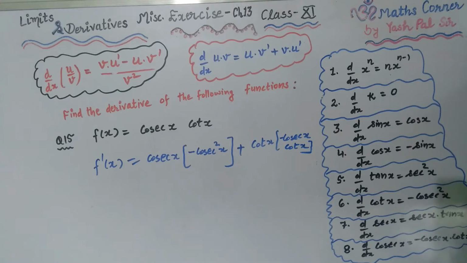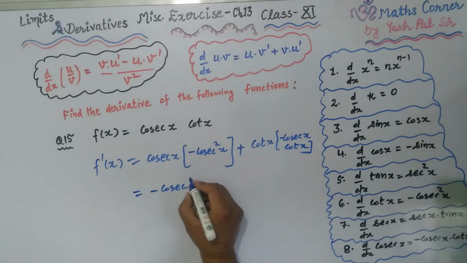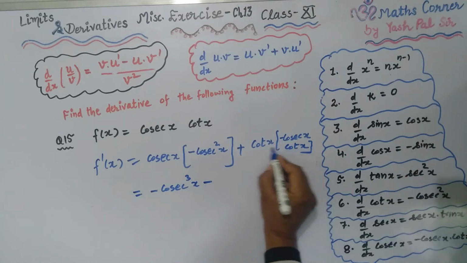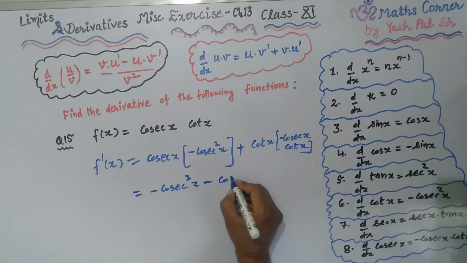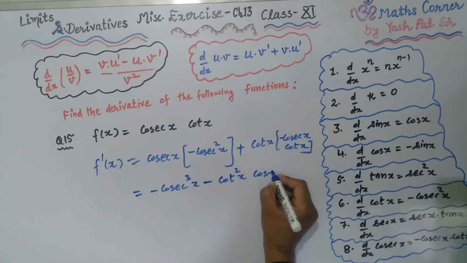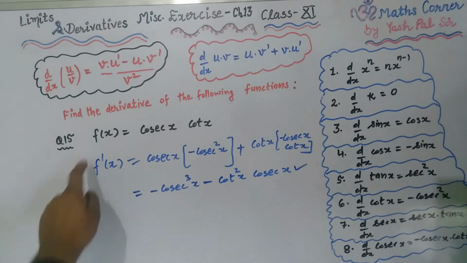So we write now this is equal to minus cosecant square into cosecant x, so this is power 3 of cosecant x; again minus sign, cotangent x into cotangent x is cotangent square x into cosecant x. So this is the answer to this question.